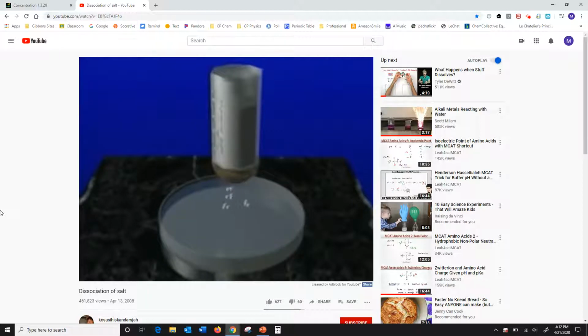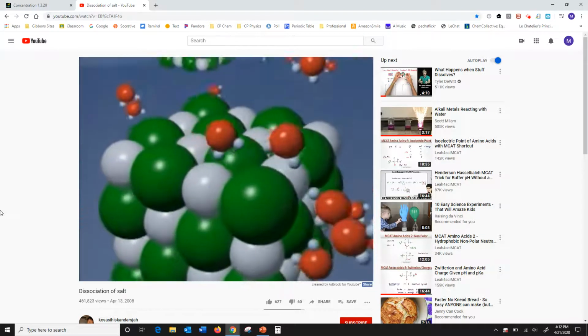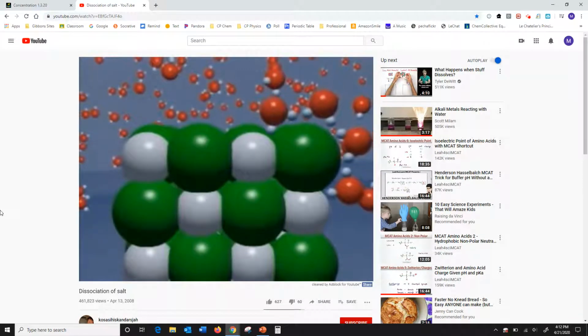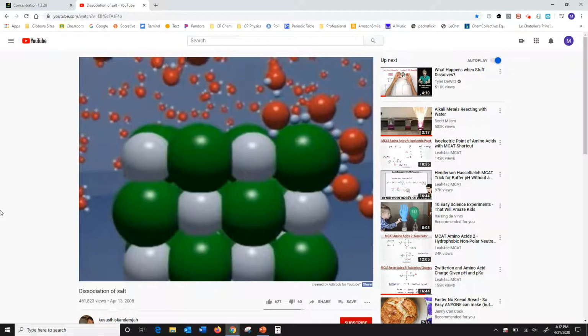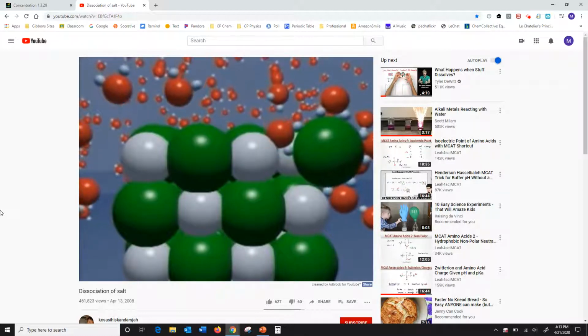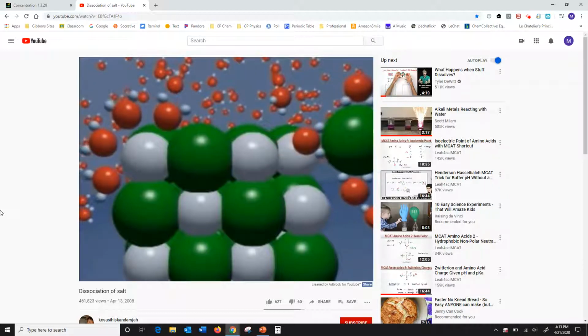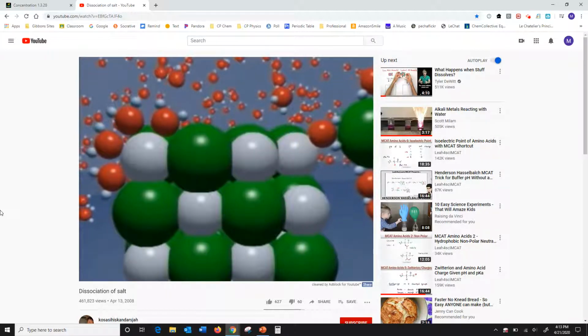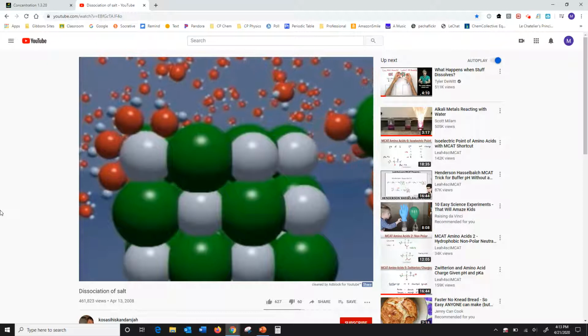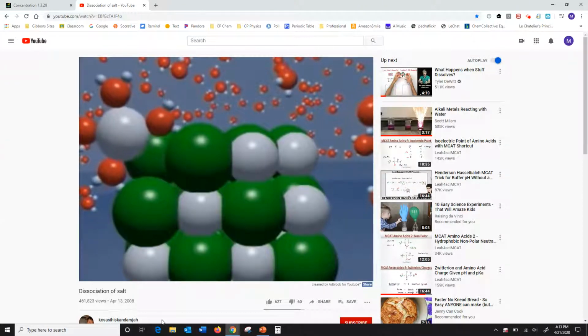So the reason salt dissolves in water, the reason anything dissolves in water, is because water has those charged areas, and they're able to pull it apart with their charge. So here we have the positive hydrogens pulling away the negative chlorines, and the negative oxygens of water pulling away the positive sodiums. And that's what you need for something to dissolve in water. You need water to be able to surround something and pull it apart.